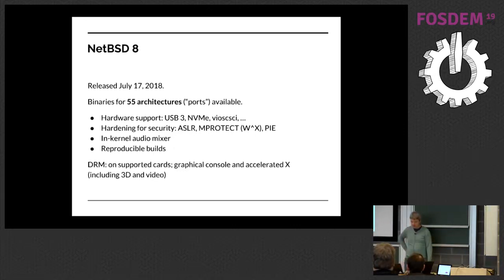Other than that, there is USB 3 support, which is really nice, especially because if you have a laptop or a desktop with USB 3, it probably doesn't support the older controller. So either you have no USB in NetBSD 7 or USB 3 here. NVMe cards, if you have those, are quite a lot faster.